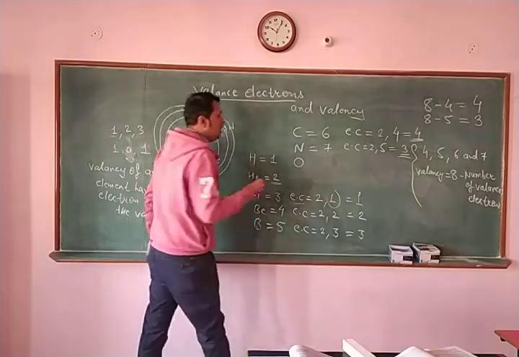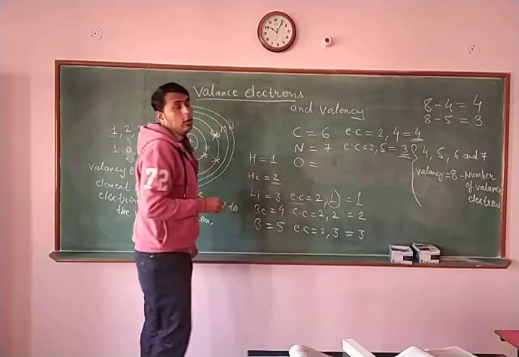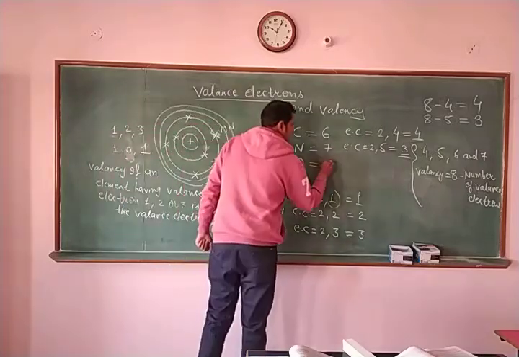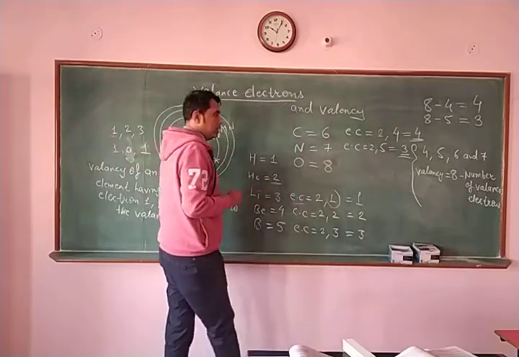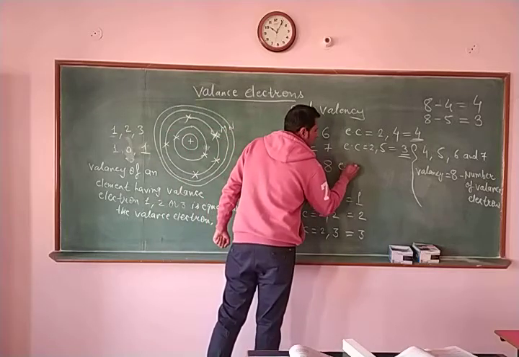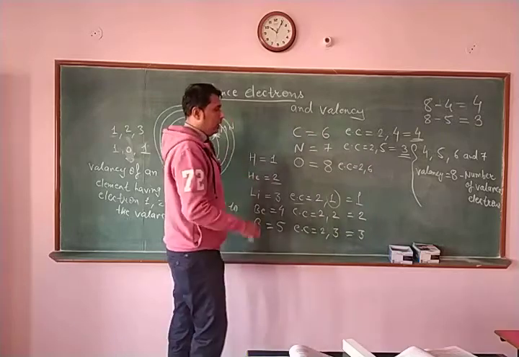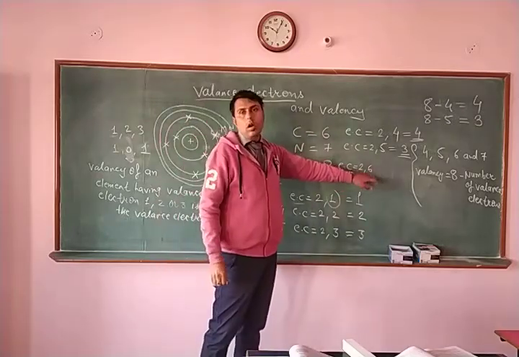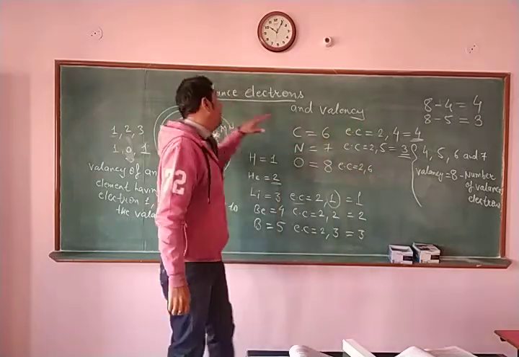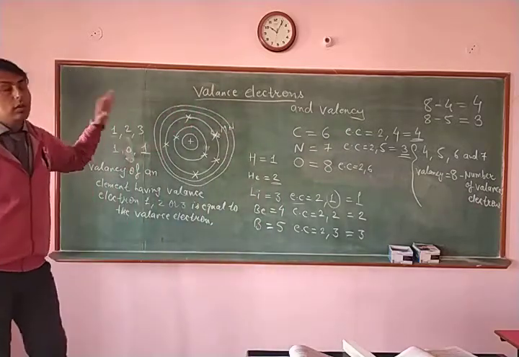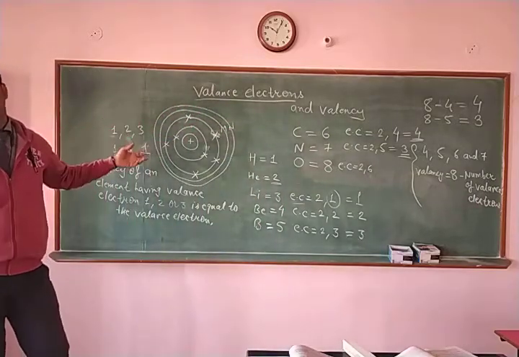O for oxygen. What is the atomic number of oxygen? That is 8. What is the EC of oxygen? That is 2, 6. How many valence electrons does oxygen have in the outermost shell?